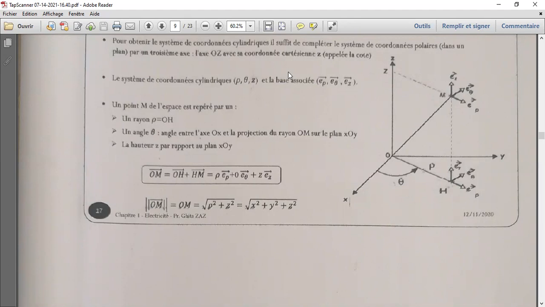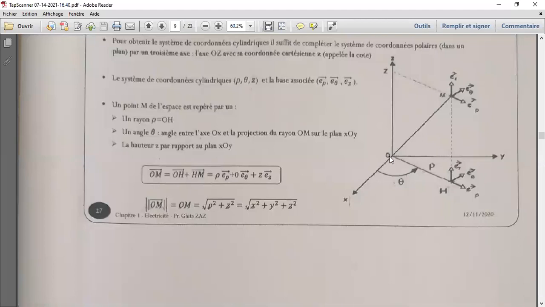So imagine what's happening here. Imagine this point H. Do the imagination. Imagine this point H is here on X, this line on X.